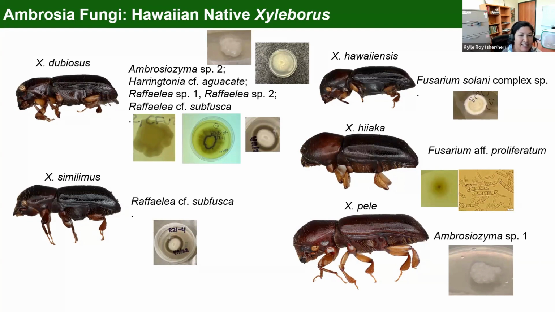And let's see, Xyleborus hawaiiensis, ʻŌhiʻa, and Pele, they were actually all isolated from a single down Olapa tree. And so it's really cool that they all have totally different ambrosia fungi living in galleries that are right next to each other, farming different fungi.